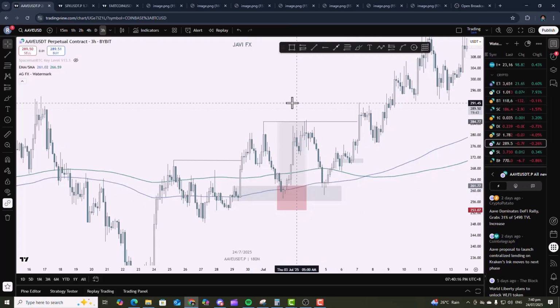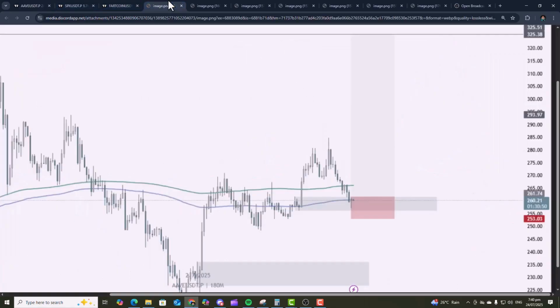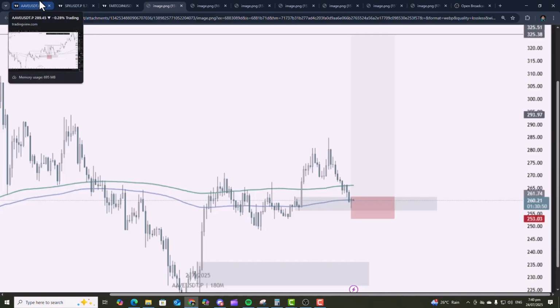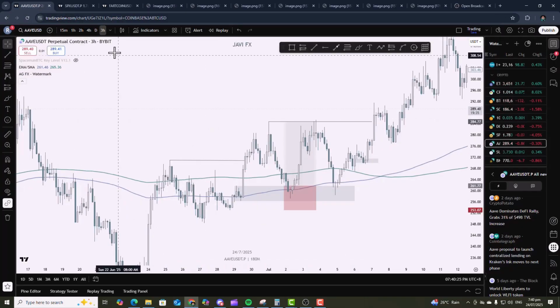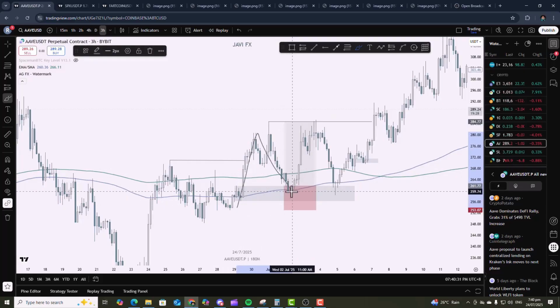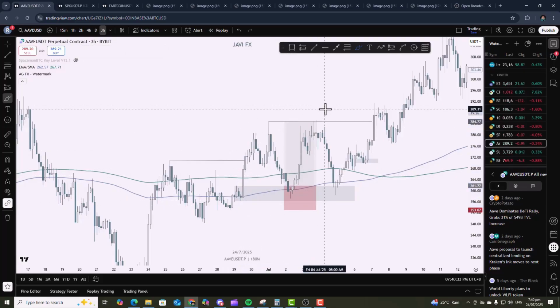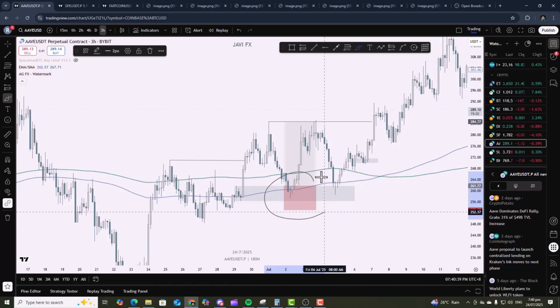Okay, that's it. Now, this is what I sent in the 3 hour on the Discord. If you were there, you'd be able to take this win. Remember, higher high, higher low, assumption, higher high, right? So again, a very simple way of trading, very high probability.